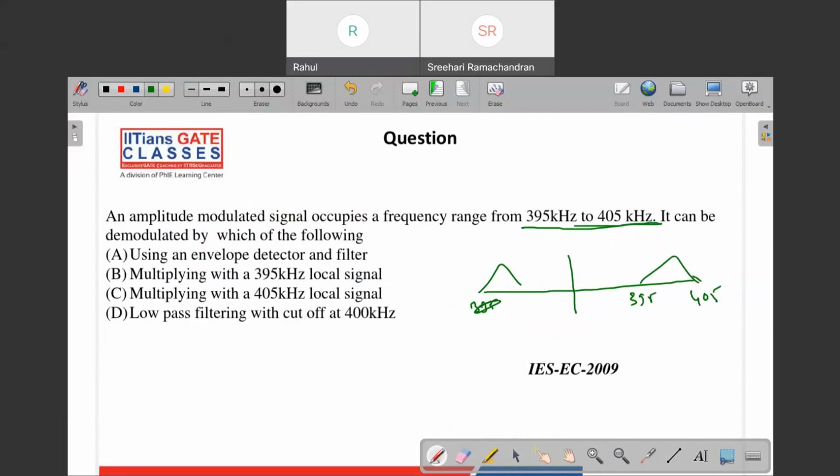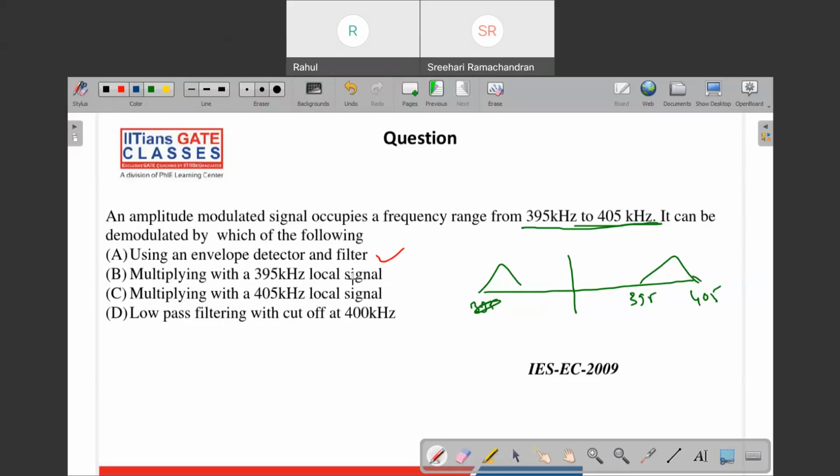And we want to find out how to demodulate it. There are four options given. First is envelope detector. Second one is multiply the signal with a 395 kilohertz local signal. Third one is multiply the signal with 405. And the last option is to pass it through a low pass filter with cutoff frequency 400 kilohertz.